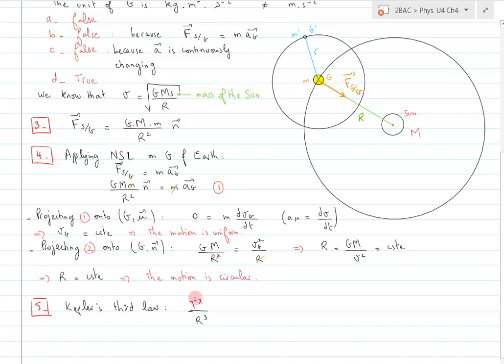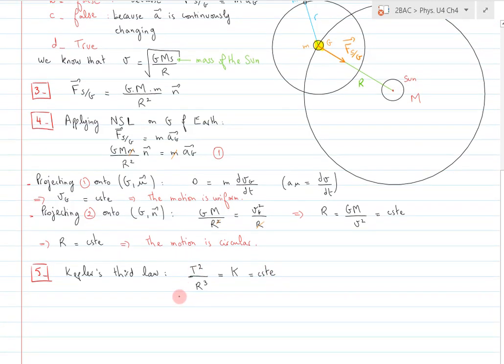This is applied to the orbit of the Earth around the Sun, with radius big R and orbital period T according to the subject. This is equal to a constant k. So this is Kepler's third law, and we shall here demonstrate it.